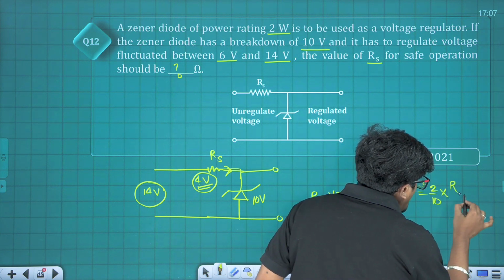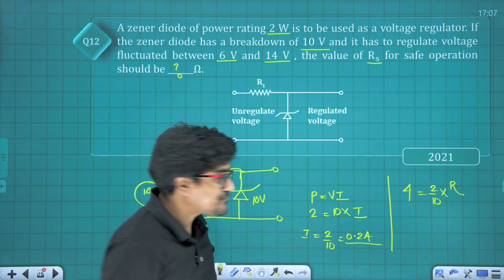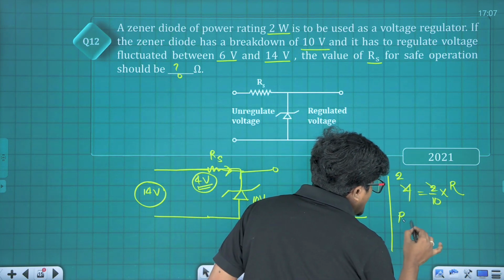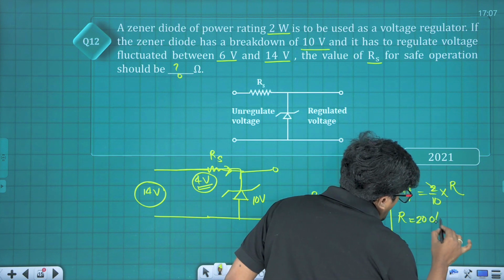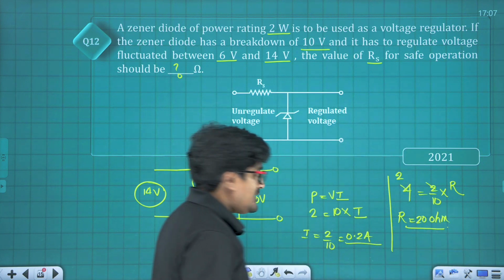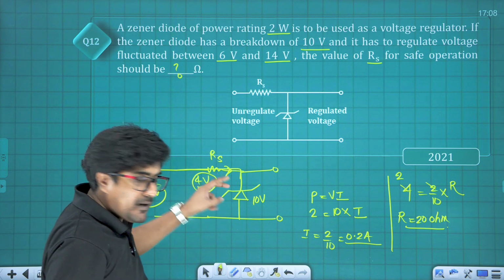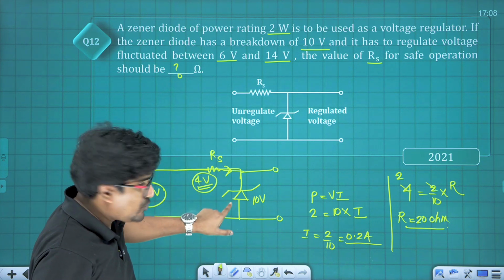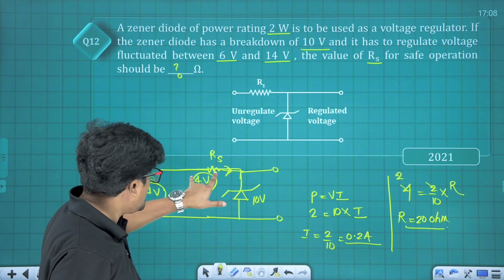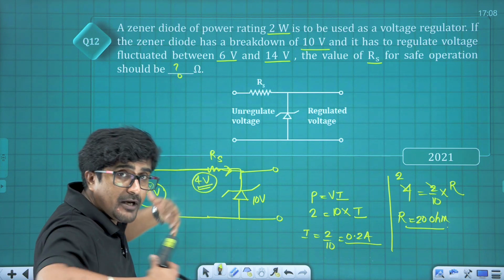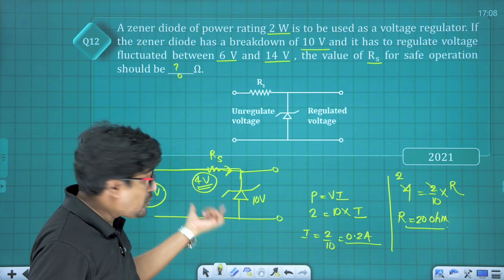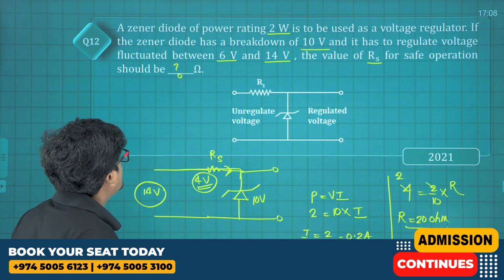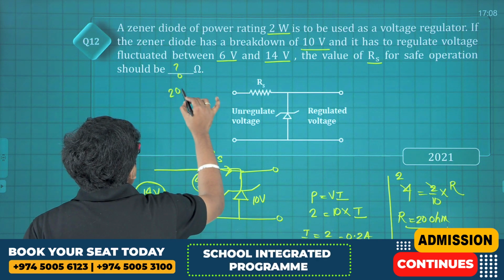The resistance is capital R, and this one and this one will cancel. It's going to be 2. Now R is 20 ohm. That means while this Zener diode is regulating 10 volt, the current flowing through it is 0.2, and the same current comes over here. In order to accommodate 4 volt, the resistance needs to be maintained at 20 ohm, and that is what they are asking. So the answer here is 20 ohm.